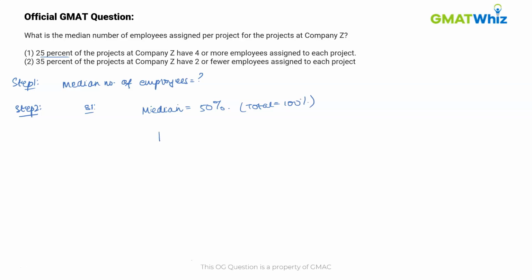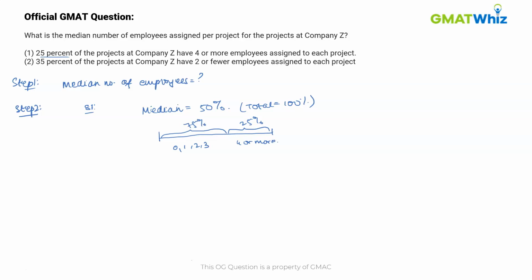If we draw a diagram to demonstrate the information given in statement 1, we can see that 25% of the projects have 4 or more employees, and the remaining 75% will have 0, 1, 2 or 3 employees. But we have to find out the value at 50%.